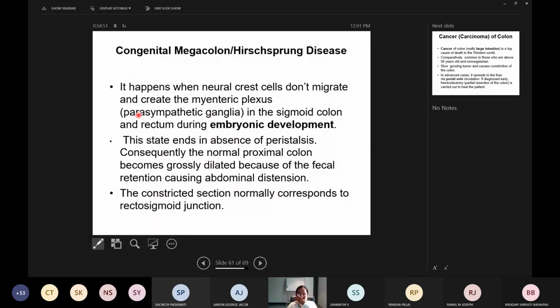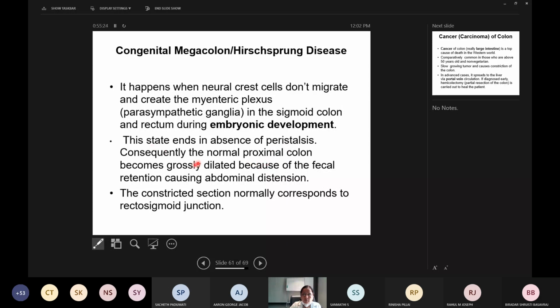Next, coming to the important applied aspects of the large intestine, there is something called congenital megacolon. Mega means large, or Hirschsprung's disease. It is mainly in the developmental stages, where the neural crest cells fail to migrate and form the myenteric plexus in the large intestine. That leads to aperistalsis, the absence of peristalsis.